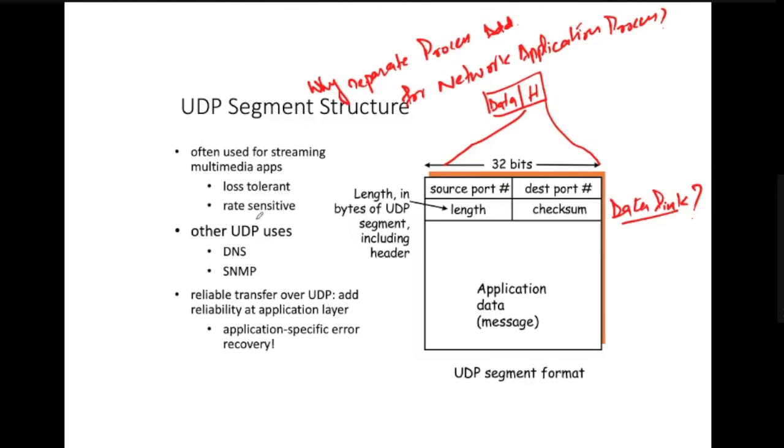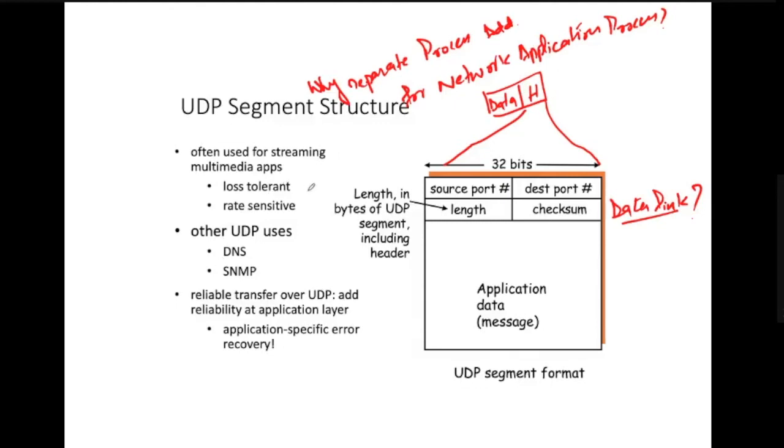And these applications are rate sensitive, because time is important here. The rate at which we are sending the data is important. So that's why many real-time, multimedia, and streaming applications prefer using UDP. But on the other side, about 75% of real-time applications also use TCP because of the reliability it provides.